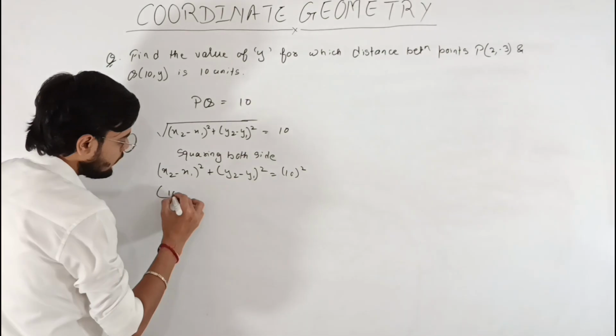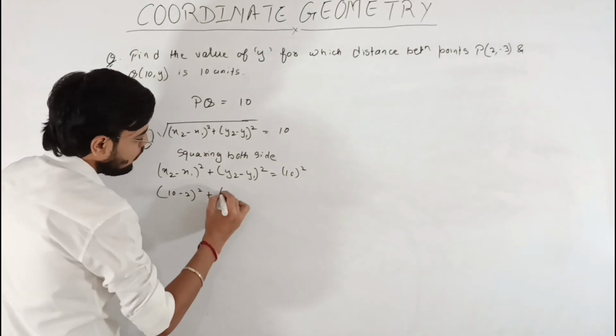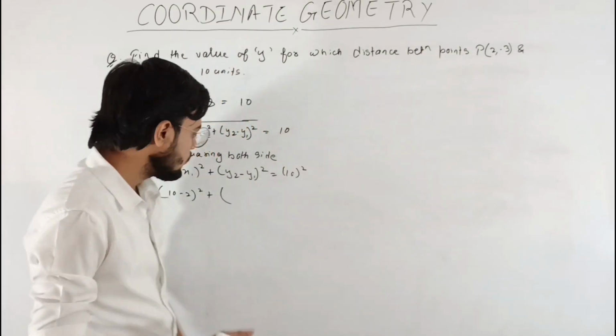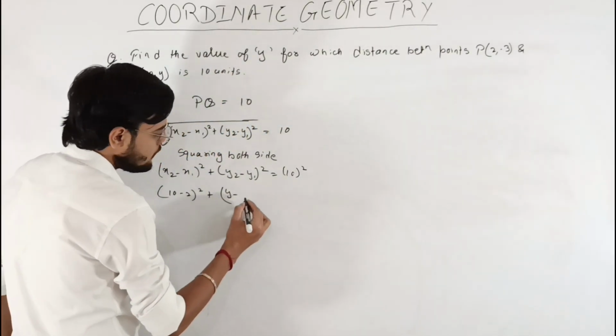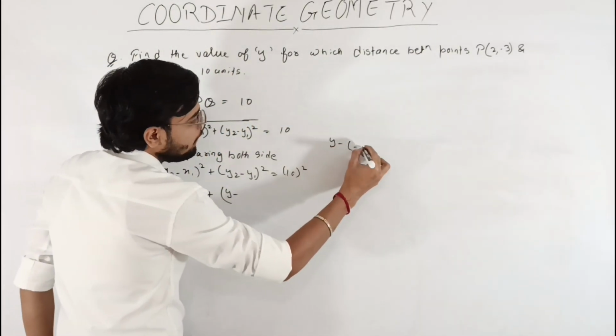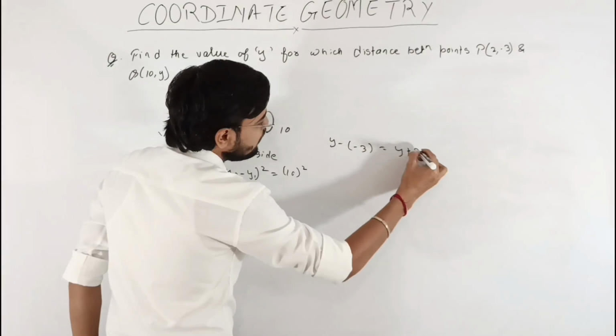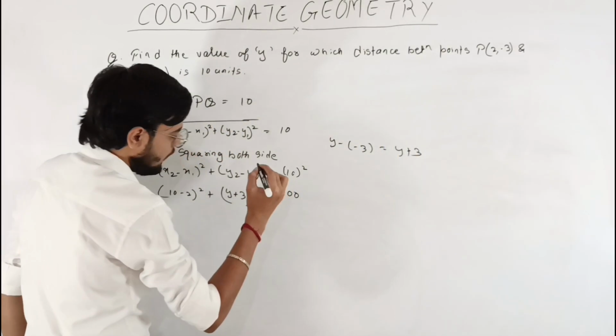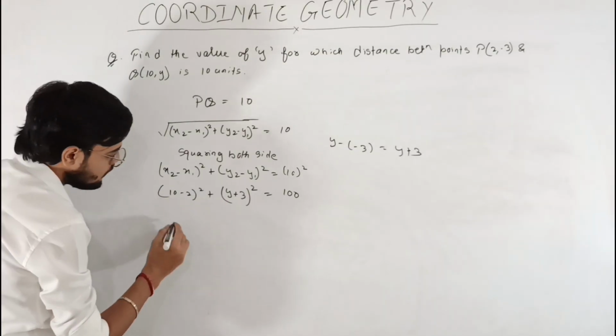So x2 minus x1 is 10 minus 2 square plus y2 minus y1. y2 is y and y1 is minus 3. So y minus minus 3 is equal to what? y plus 3. So I write it here, y plus 3 square is equal to a square of 10 is 100. Now solve this. 10 minus 2 is 8.